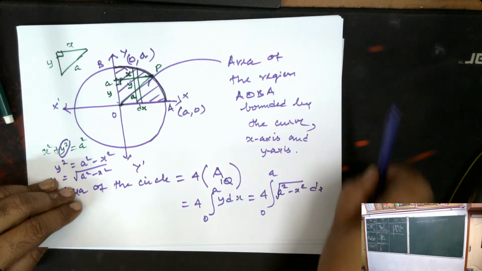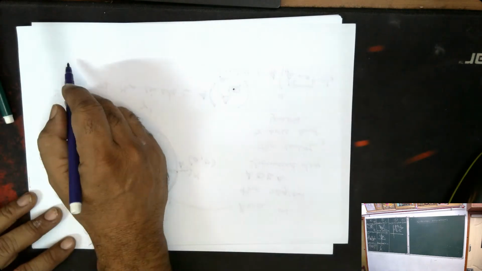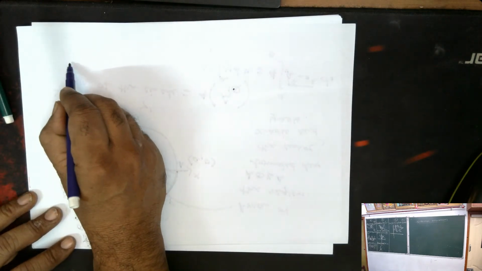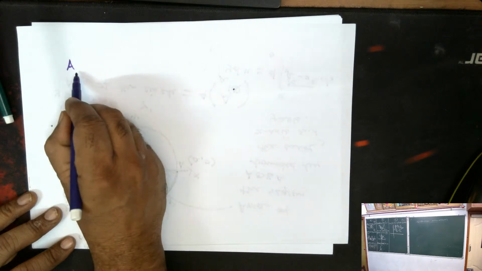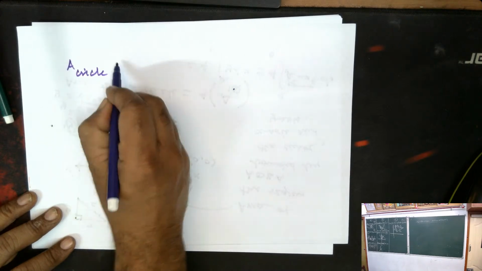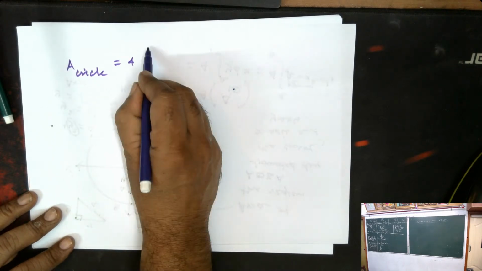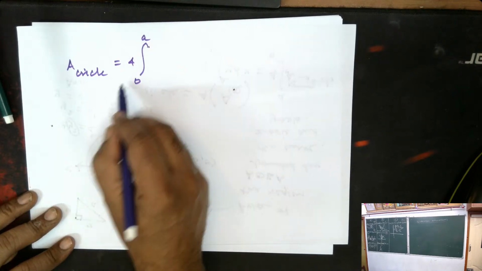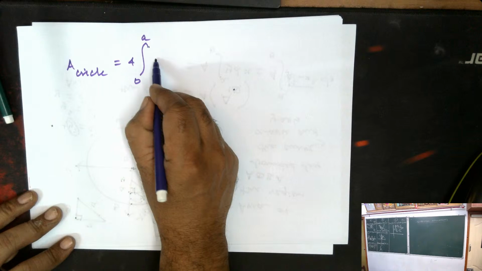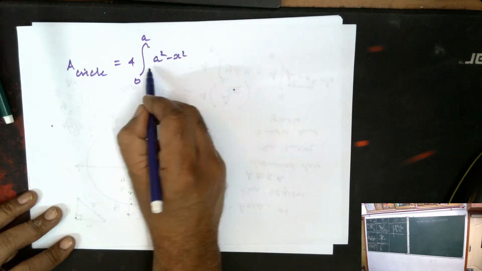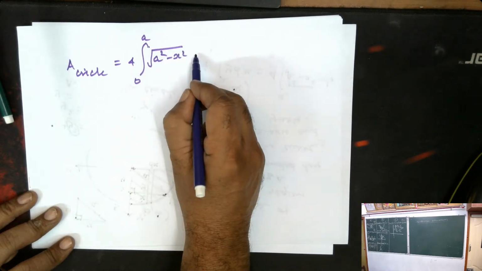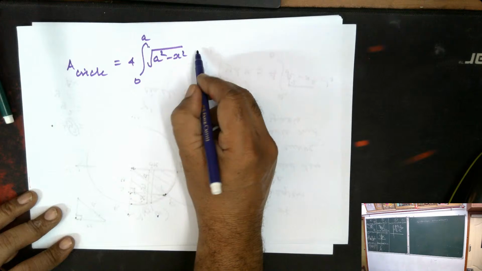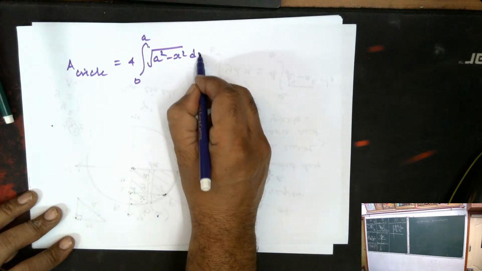Let me rewrite: the area of the circle is equal to 4 into the integral between 0 and a of the square root of a squared minus x squared dx.